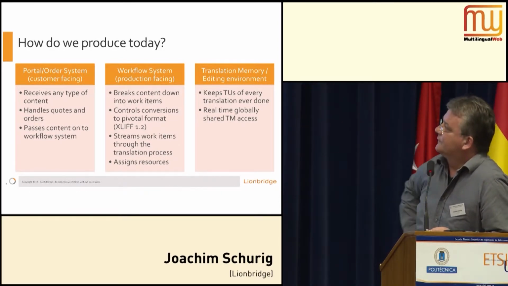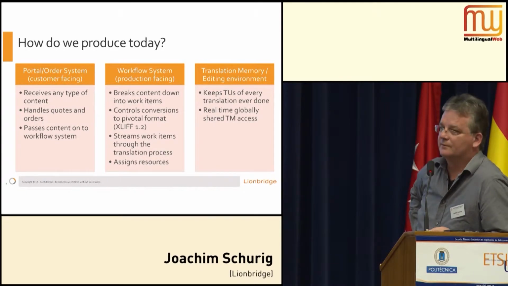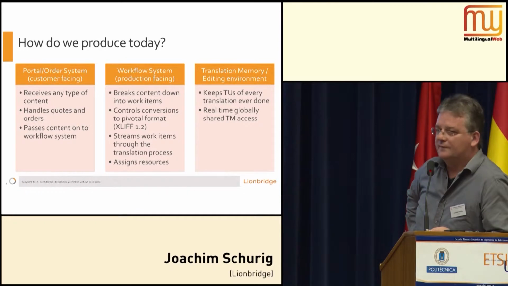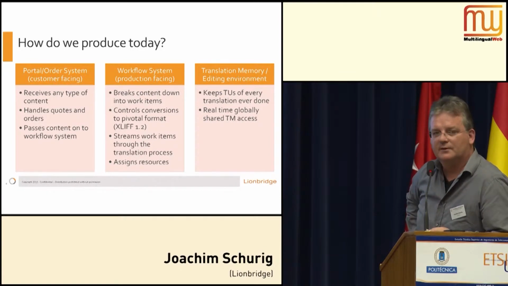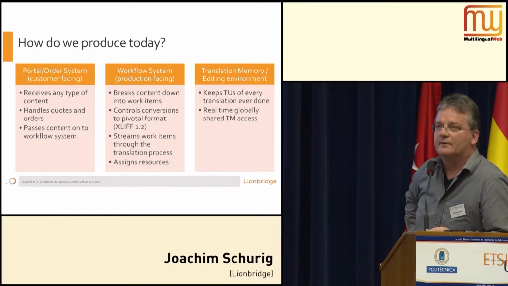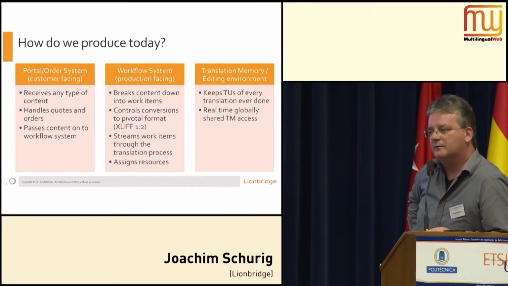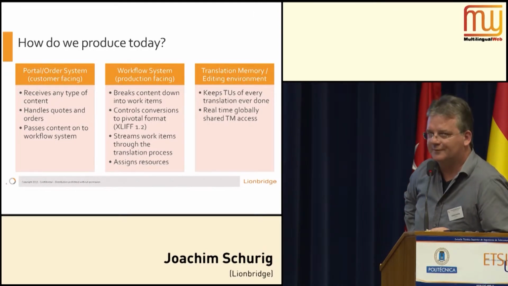The workflow system, the second one after the portal, is these days processing about 5,000 individual files every workday. It transports about 35%, or let's say a third, of our production. The rest is still handled semi-manually, semi-automatically, however you want to see it.